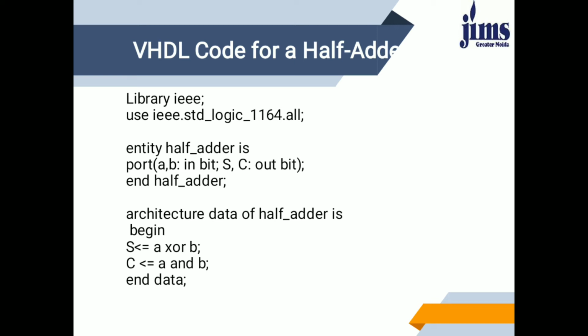You can also take the others, unless it has been specified that you need to write the program in behavioral or structural modeling. So in data flow modeling, we begin. Now S is assigned the value A XOR B, and C will be assigned the value A and B. Now we will end this.